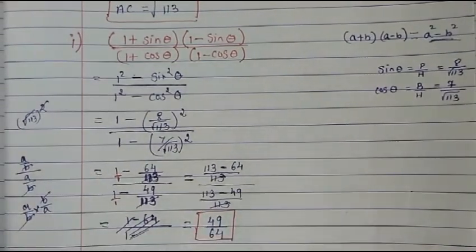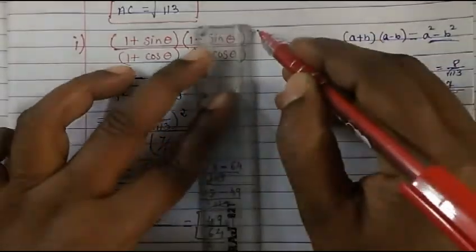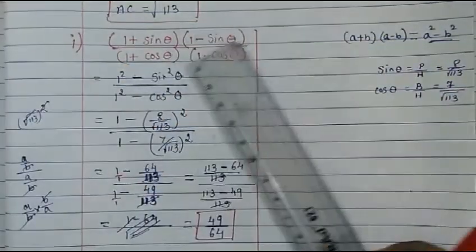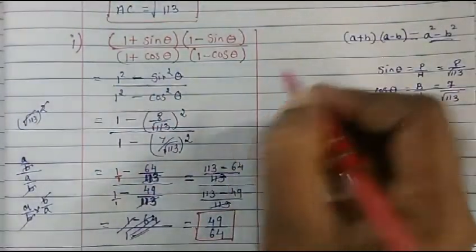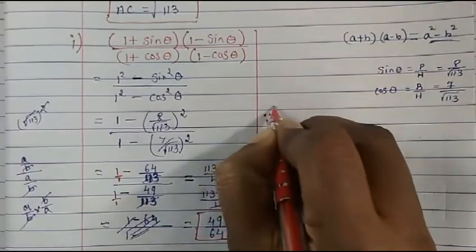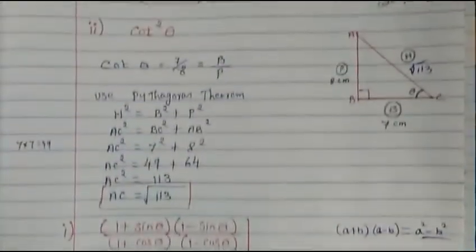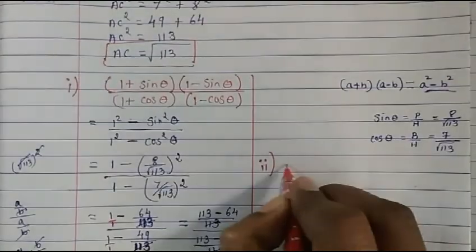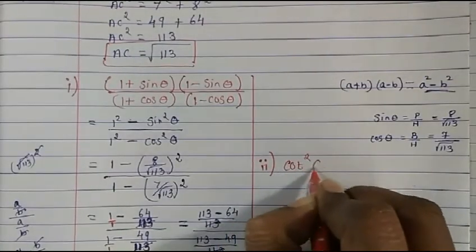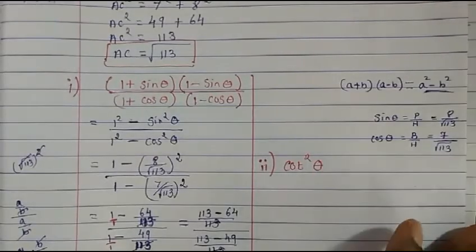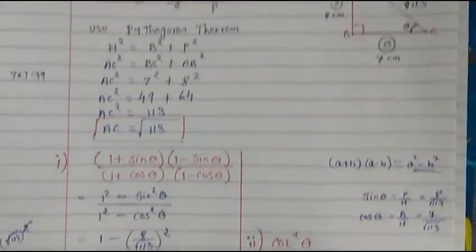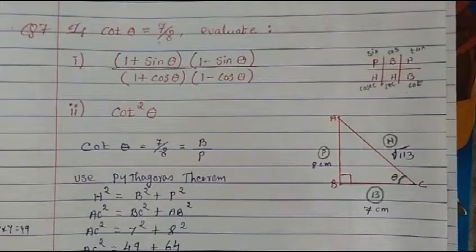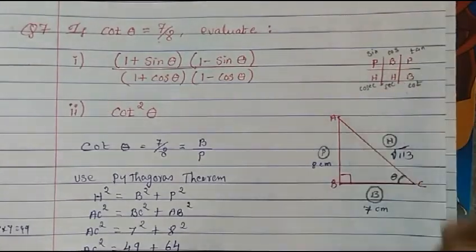Now let's do the second part of the sum. The second part of the sum is cot square theta. Now cot we know. Cot is what actually? Cot is base upon perpendicular.